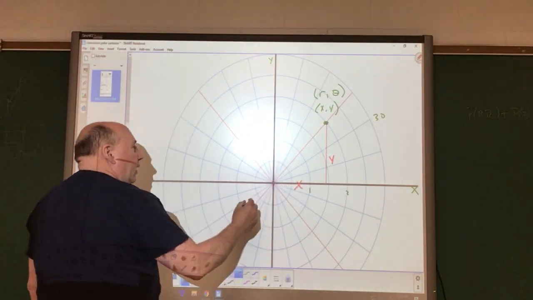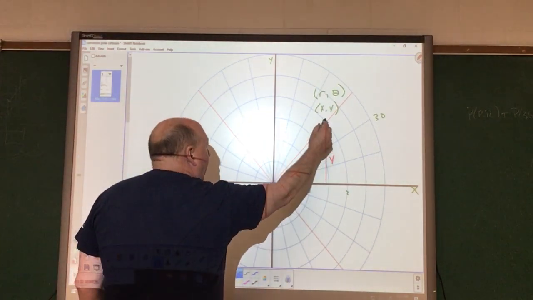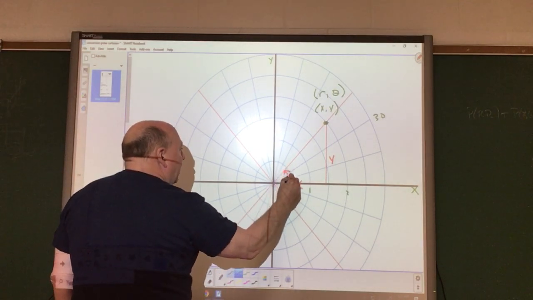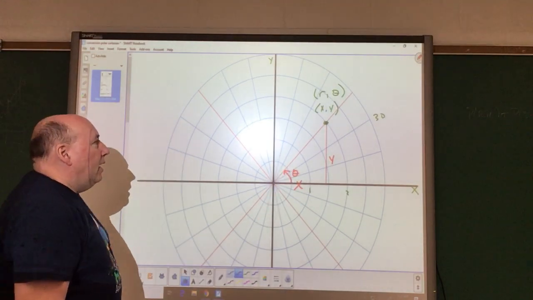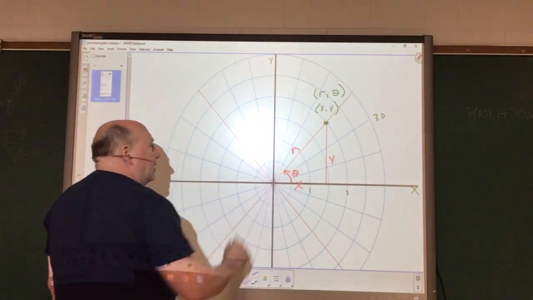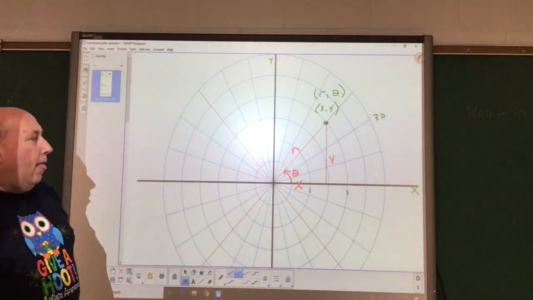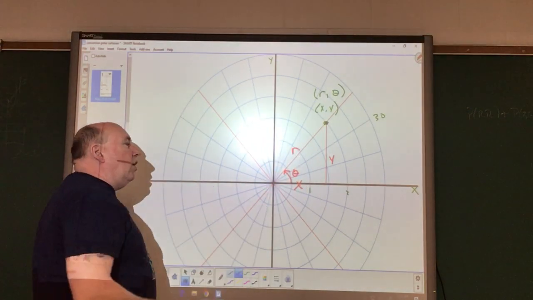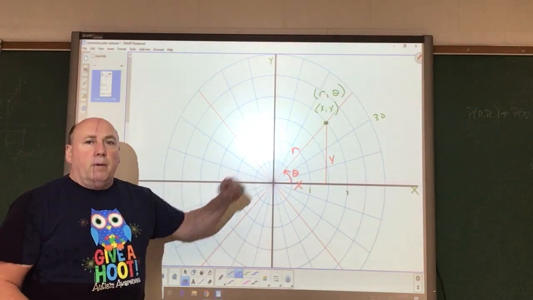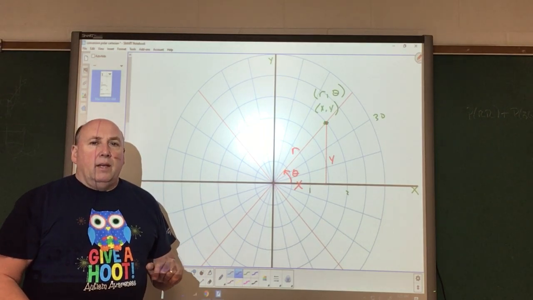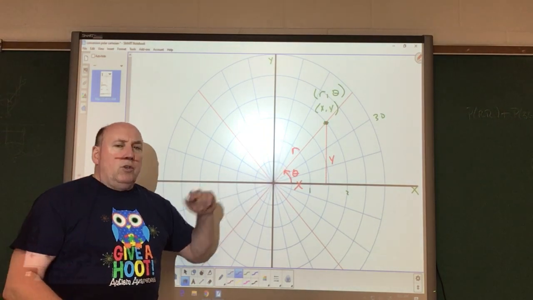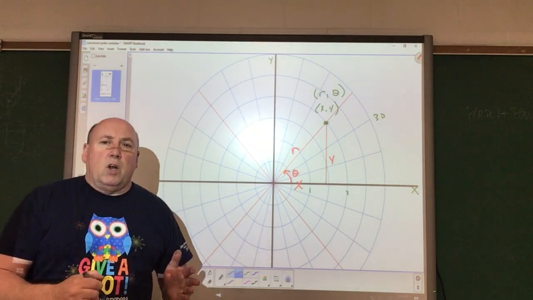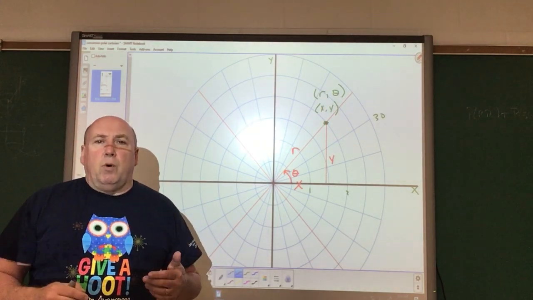The other way of dealing with this is I go out x, up y, and get to this point. I can rotate the value of theta and move out a distance of r. So my distance from this point to this point is the length of r, and I've rotated my value of theta. Okay, so we have two different ways, once again, of being able to tell what we have here. Is it r theta, or is it x and y?